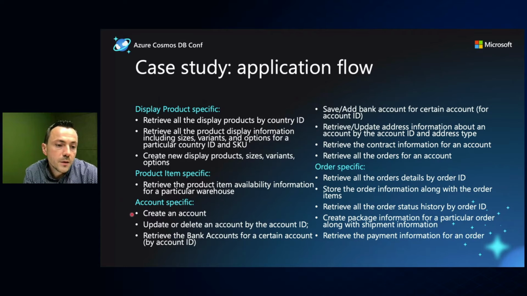To name a couple of examples, for account we need to create accounts, create bank accounts, save and retrieve. For ordering, we work with different aspects, like putting in a new order, changing status, retrieving status history, creating packages, etc.